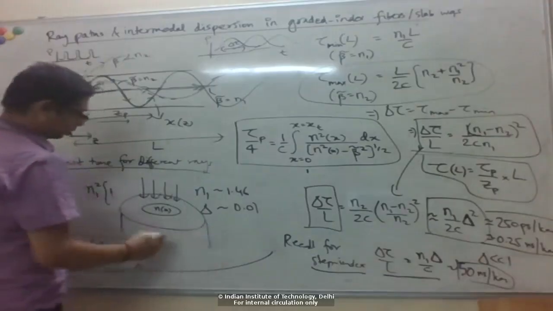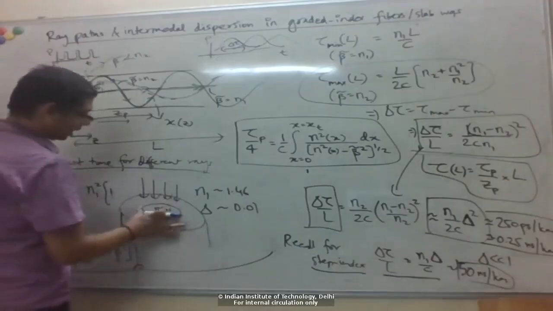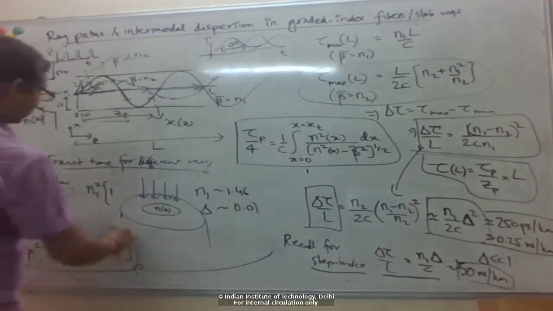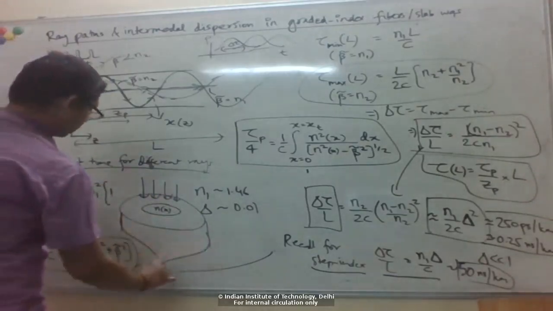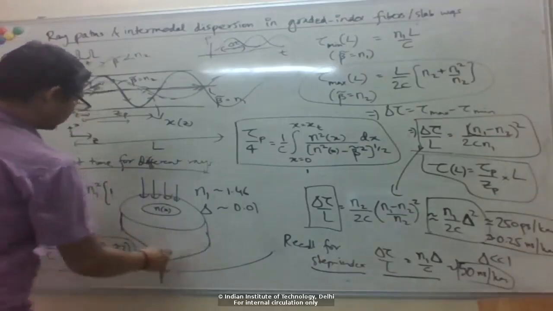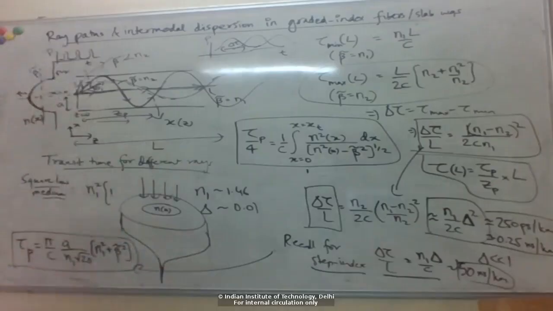I guess you can try to measure the refractive index profile in the preform, right? And then as this is being pulled, you basically assume that as it thins, the refractive index profile remains the same.